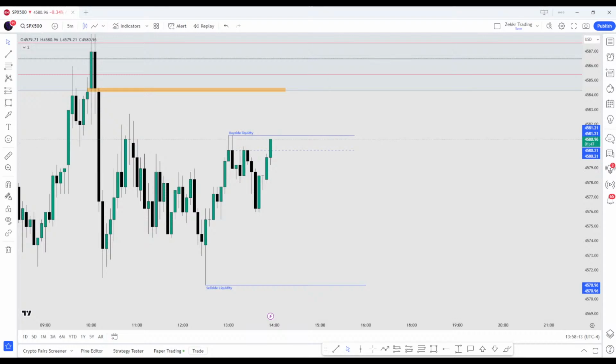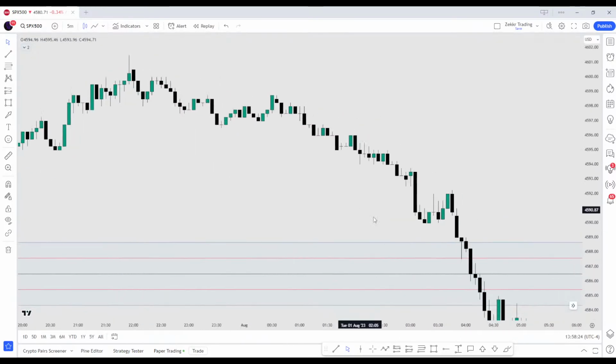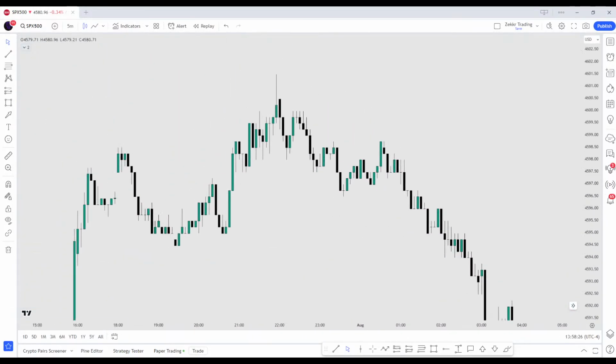So a mitigation block is basically classic support turned into resistance. It's really similar to a breaker, right? So how do you actually find it in price?